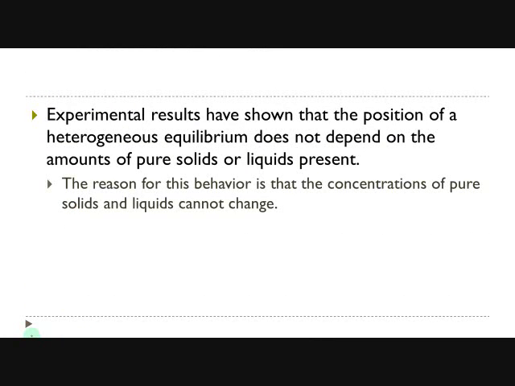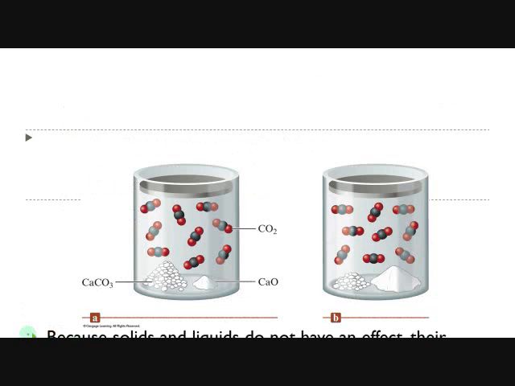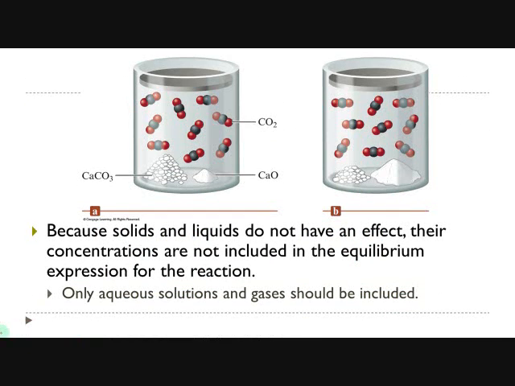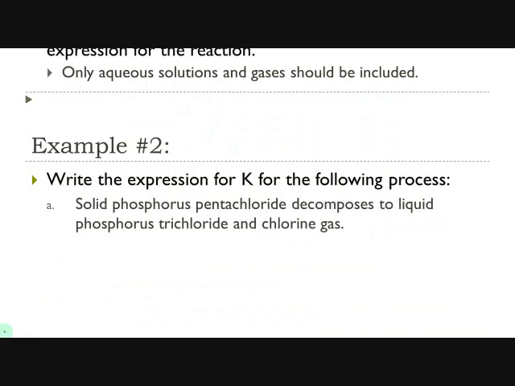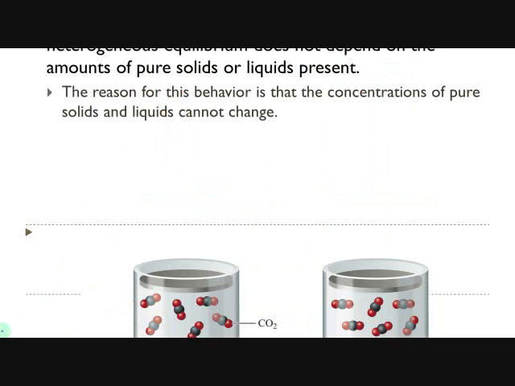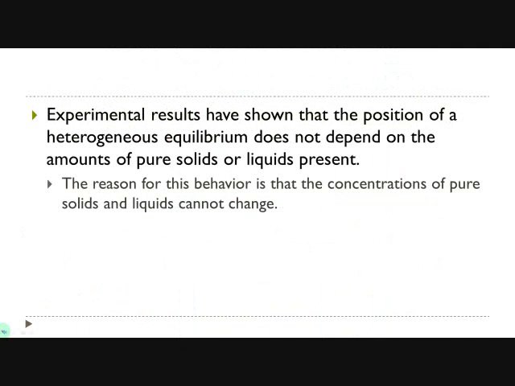And what we know doesn't change in concentration are solids and liquids. So for this reason, we don't include solids and liquids into our expression. Because it just cannot change. The solids and liquids cannot change their concentrations.